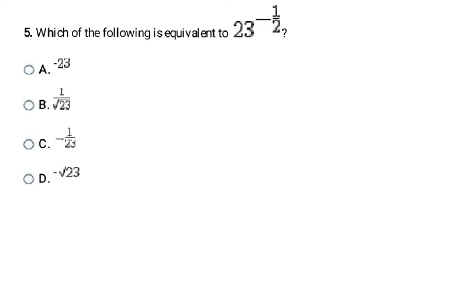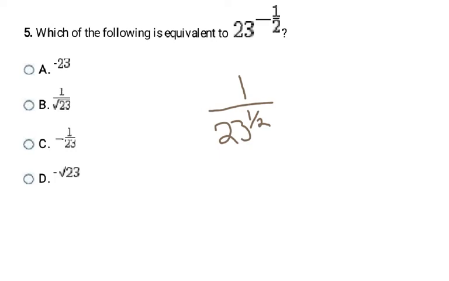Number 5, I have 23 to the negative 1/2. First I'm going to get rid of this negative exponent. So that means I have to put the 23 to the 1/2 in the denominator, and that'll make it positive. And now I'm going to convert it back into a radical.